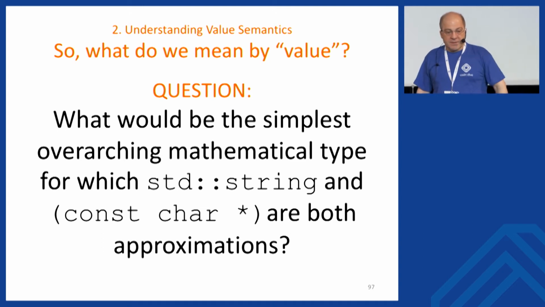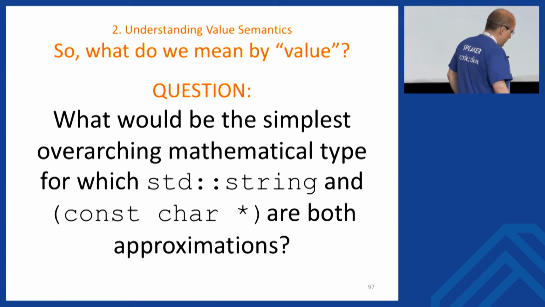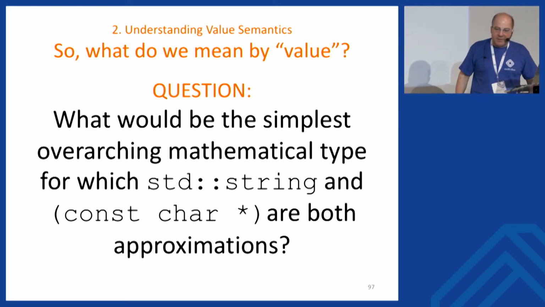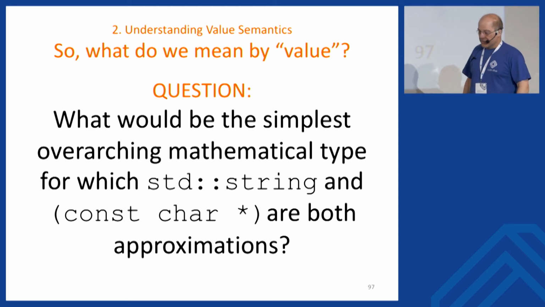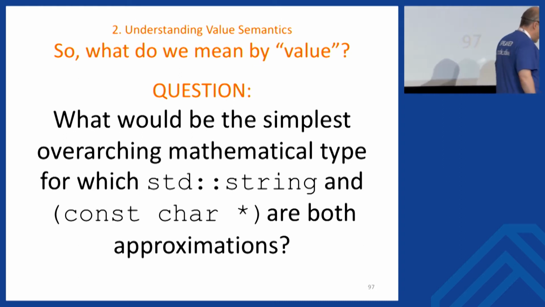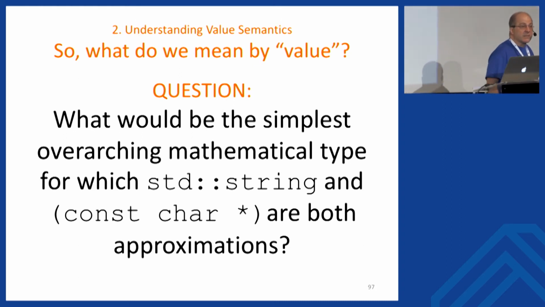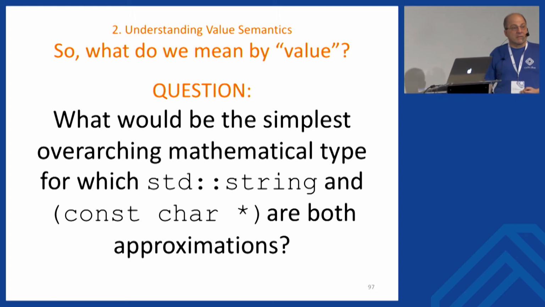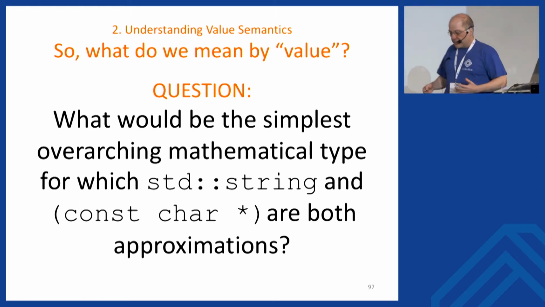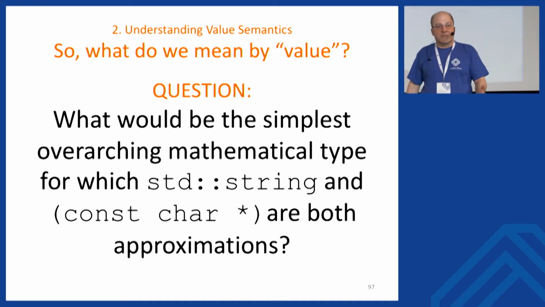Yes? Sequence of characters. Okay, I heard from an expert world authority that it's a sequence of characters. And of course he's correct, because he's Eric Niebler. Yes, that's correct. And it's a nullable sequence of nullable characters. That's really what it is. And each one of these two C++ types approximates it in a different way.